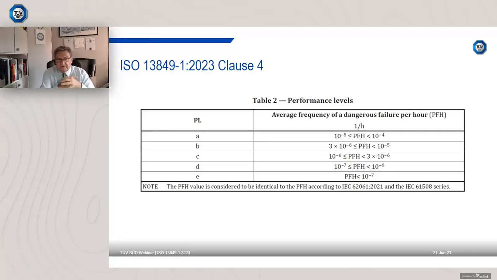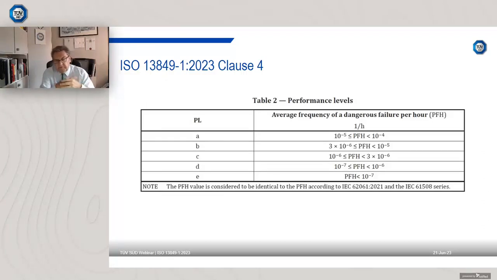And you may have noticed, and you may already be aware, of course, that the abbreviation used in 13849 previously has always had a D on the end, PFHD, which has caused some confusion in the real world, because all of the functional safety standards just use the abbreviation PFH.